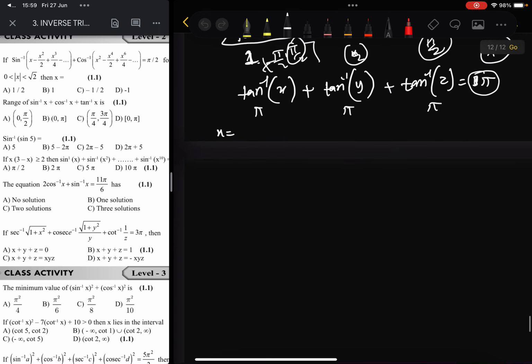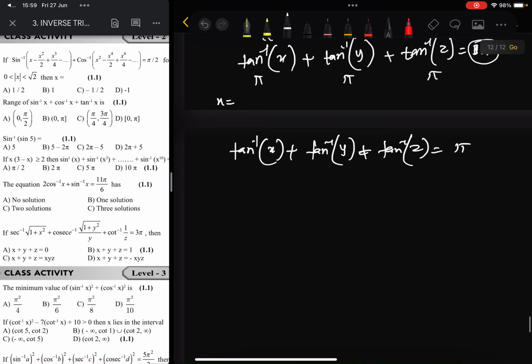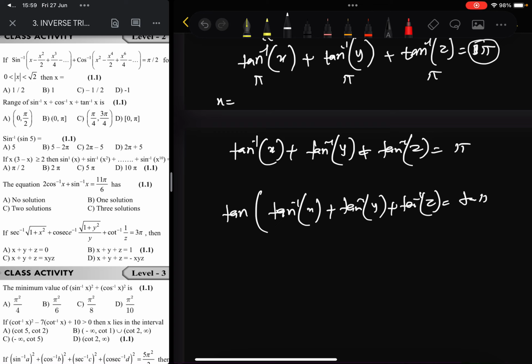Suppose tan inverse x plus tan inverse y plus tan inverse z equals pi. If this is true, then we can take tan of both sides, not inverse. So tan inverse x plus tan inverse y plus tan inverse z equals tan pi.